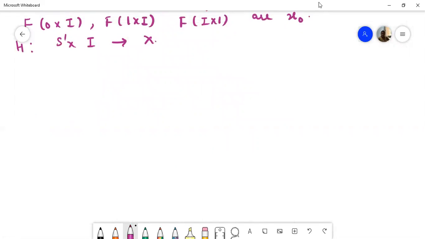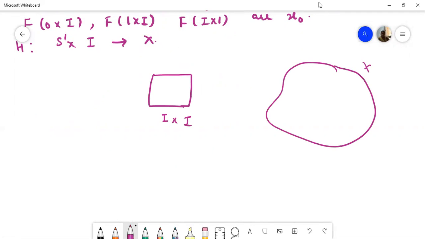Now we have this I cross I. Let us say this is X. Now we have this point x naught, and a loop here which is based at point x naught. We have this mapping capital F, because F is a path homotopy between the path f and a constant loop at x naught.